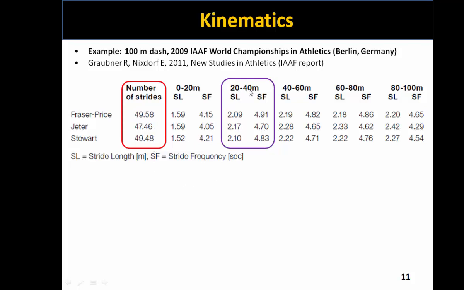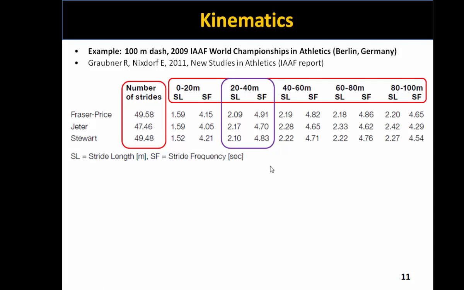The 20 to 40 meter interval for stride length and stride frequency is notable, since typically this represents approximately the point in the 100-meter dash where athletes achieve their peak horizontal velocity.